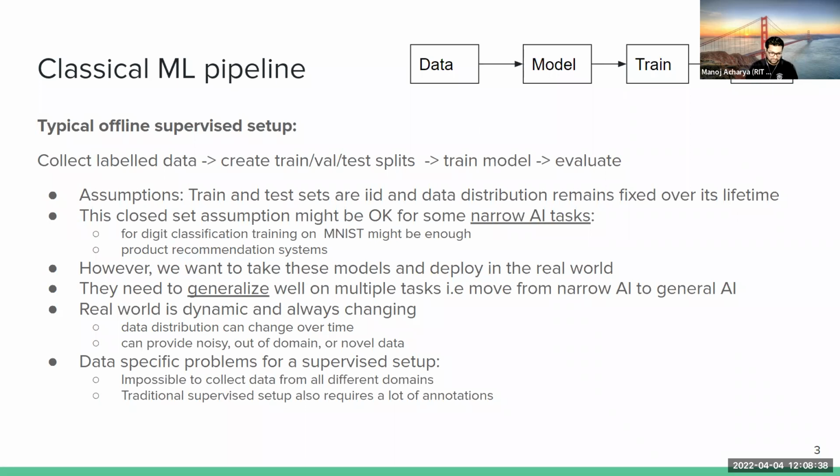Another data-specific problem for supervised setups is that it's impossible to collect data from all different scenarios that I mentioned above, right? It's really impossible to have all different types of data. And the next big thing is that it also requires a lot of annotations, which really requires a lot of effort.